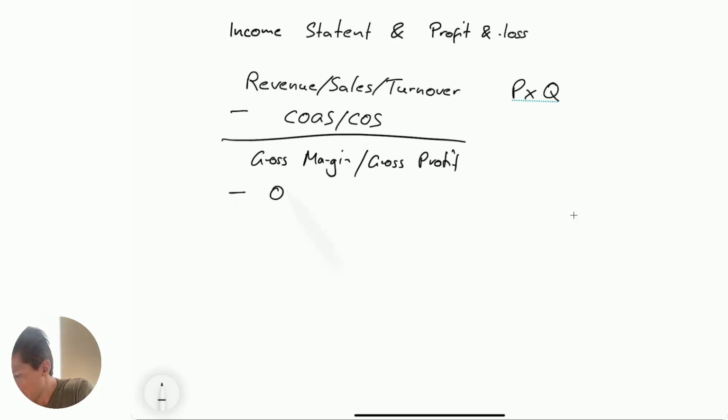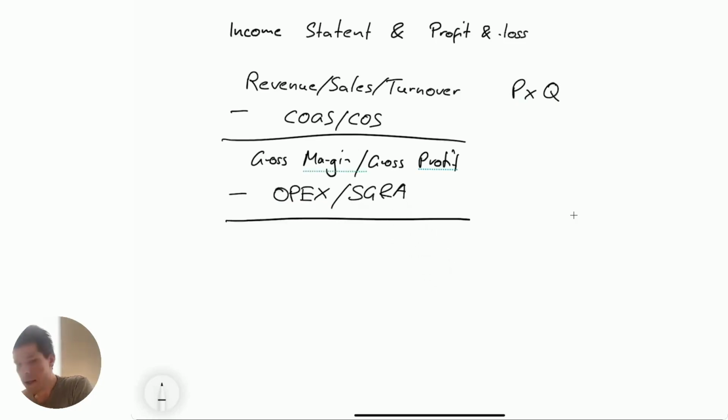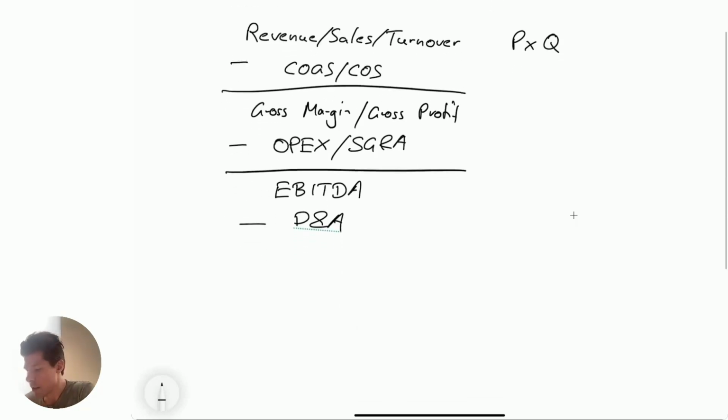Then what you deduct is your OPEX or SG&A, sales, general and administrative costs. Then what you have is EBITDA, earnings before interest, taxes, depreciation and amortization, minus depreciation and amortization.